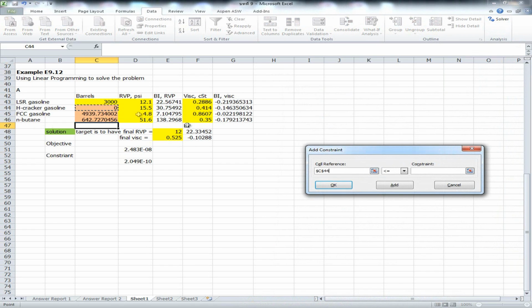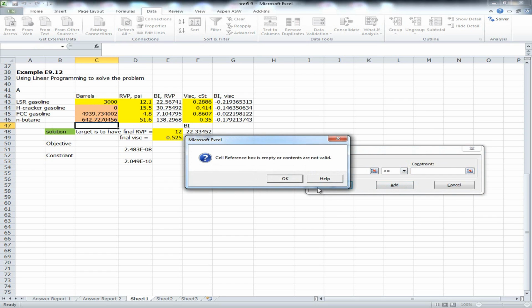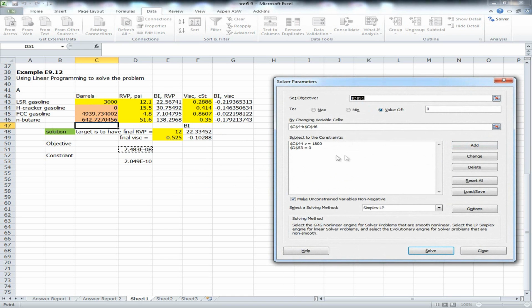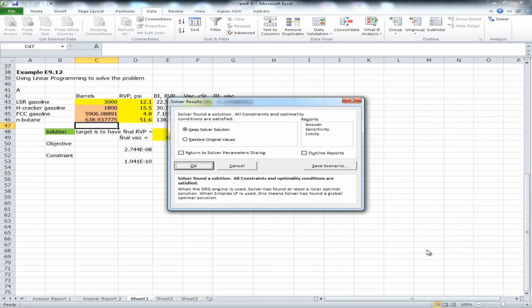So this one should be higher than 1,800. Let's see if we can get it. Okay, this is another constraint. Go. Alright.